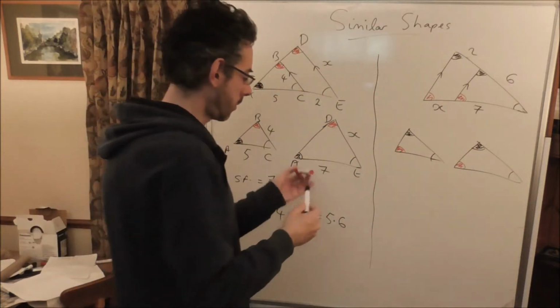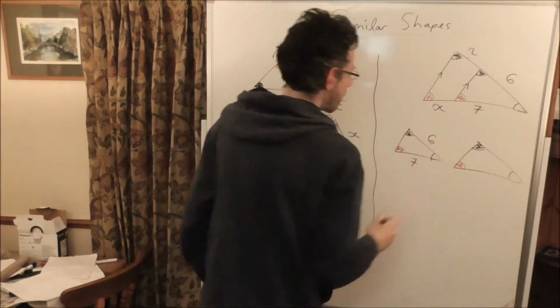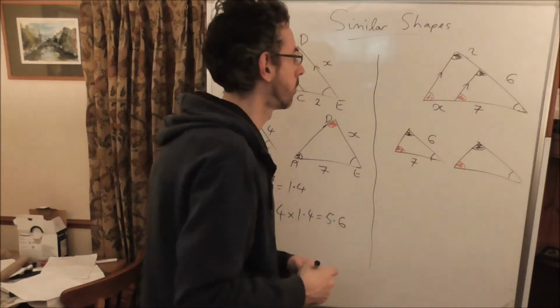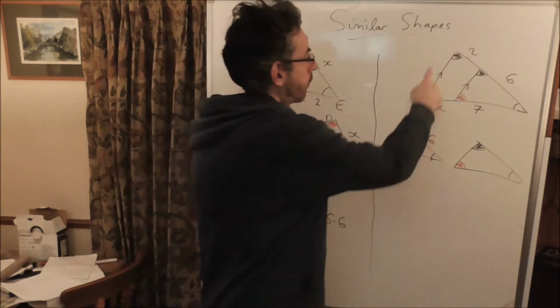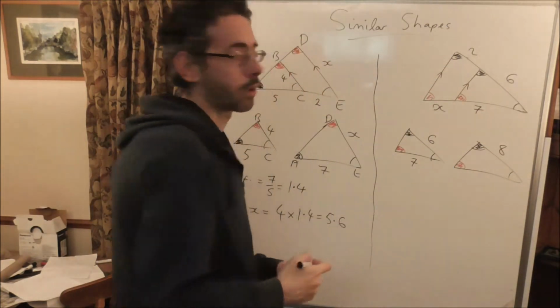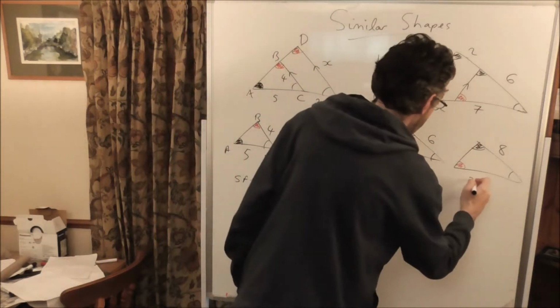On the small triangle, this length is 7, and this length is 6. On the big triangle, what's this length here? Well, it's 2 plus 6, it's 8. And an expression for this length is x plus 7.